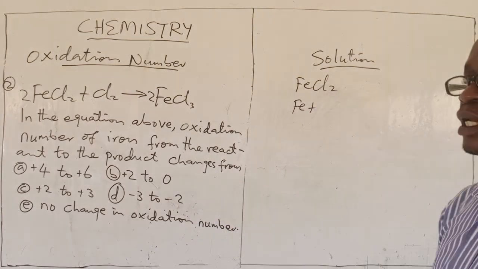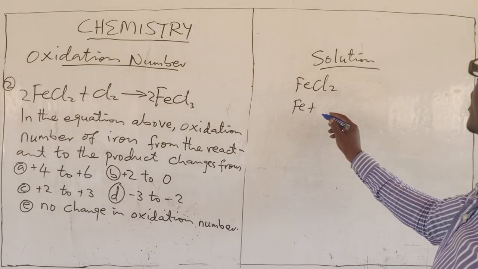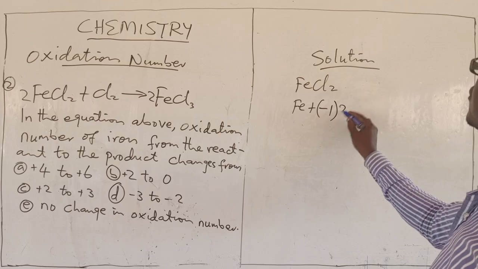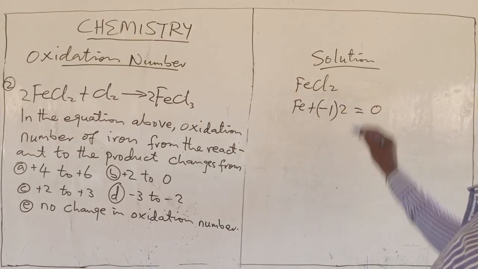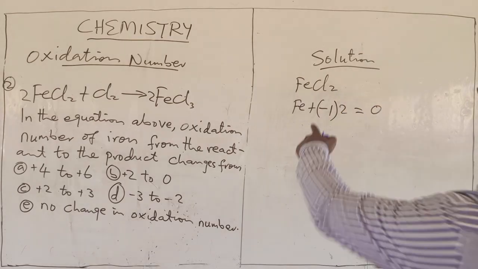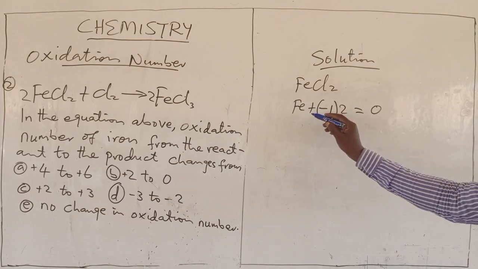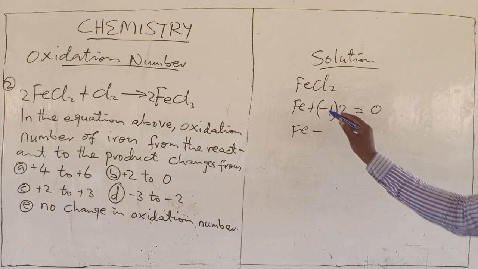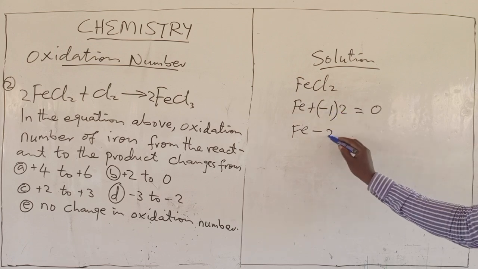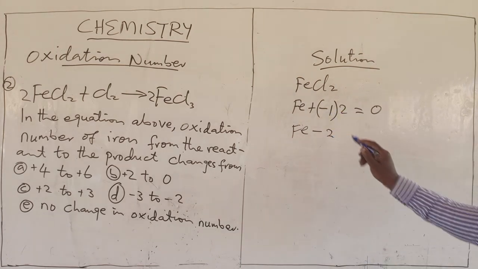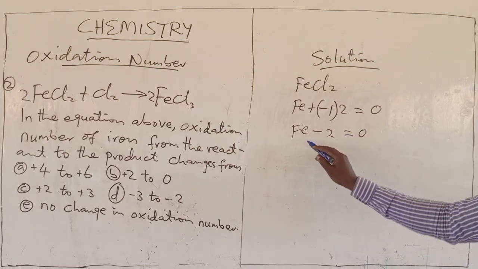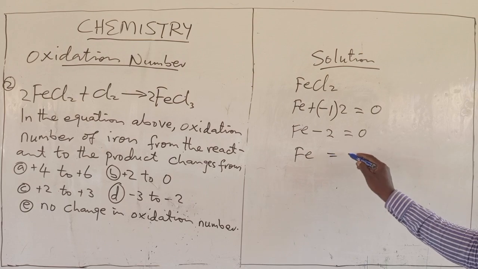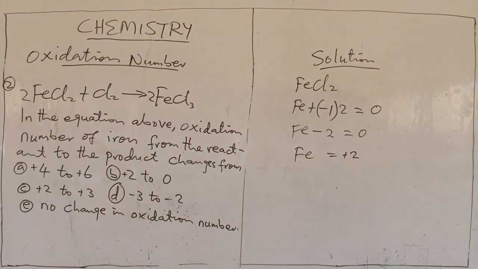Remember, I told you earlier that Cl is always minus 1. How many are there? 2. No charge, equated to 0. So now work out this. You now say Fe minus, this times this is minus 2 times 2. So equate it to 0. By the time you take it across to this side, you now have Fe equal to plus 2.